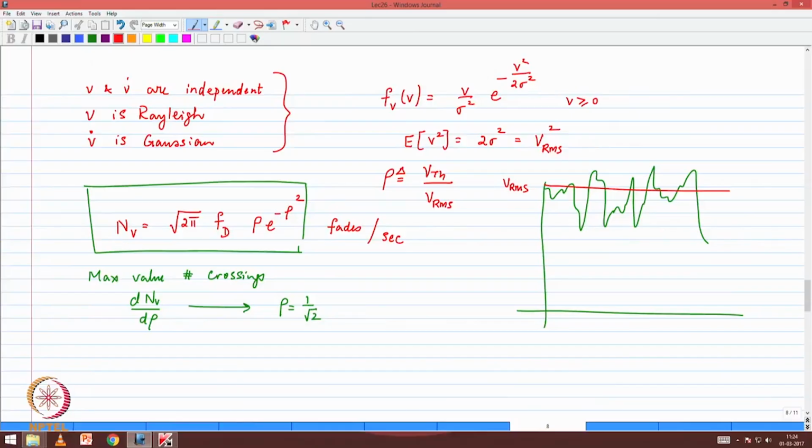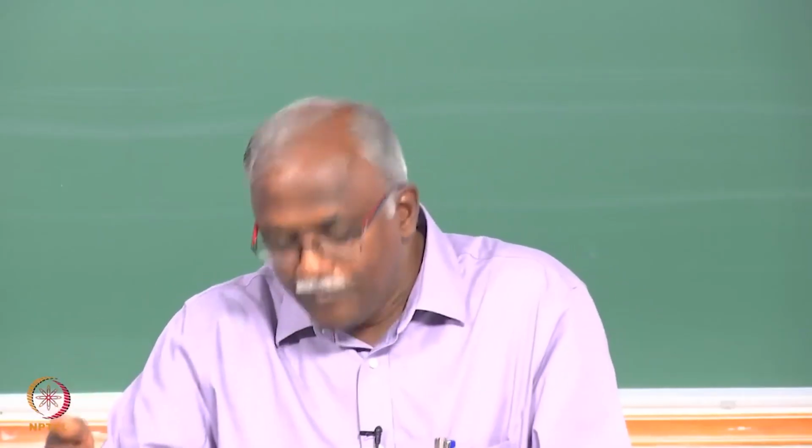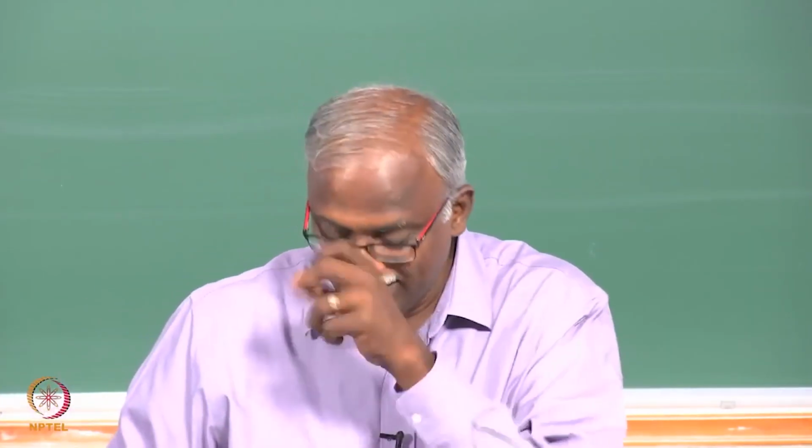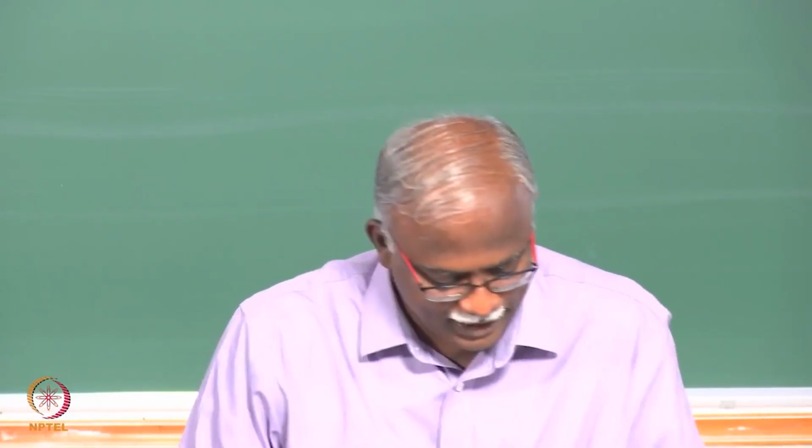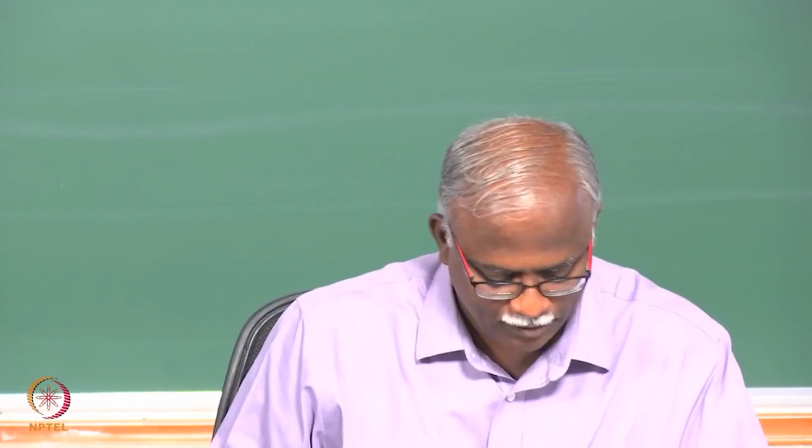If you have it very high, again you will have fewer level crossings. So, it turns out that if you are somewhere slightly below, at V_RMS by root 2, that is where you are seeing the maximum level crossings, which is correct because the likelihood of you being below V_RMS is much higher, and once you are in that region, you are likely to see lots of level crossings in there. So, it is a reasonable thing, but again it can be validated through experimental verification.